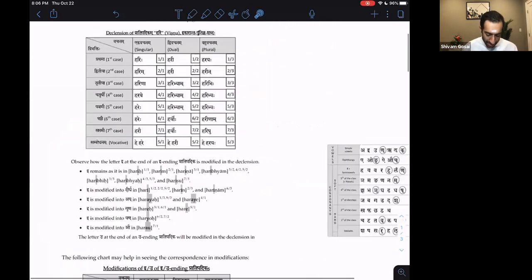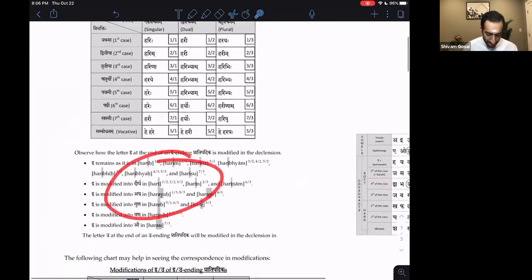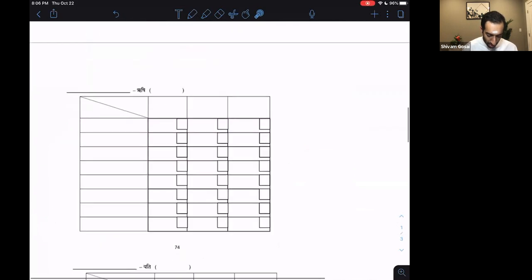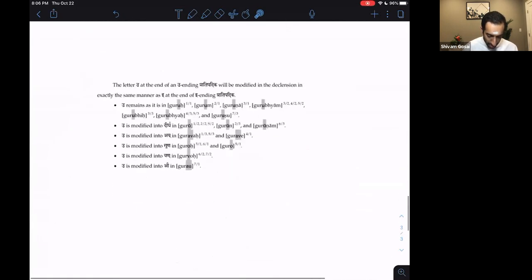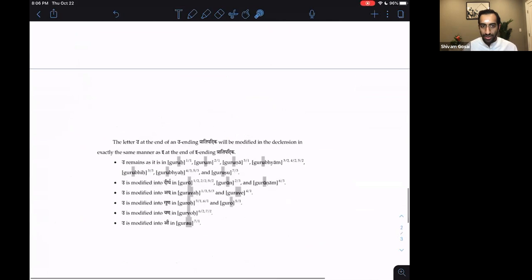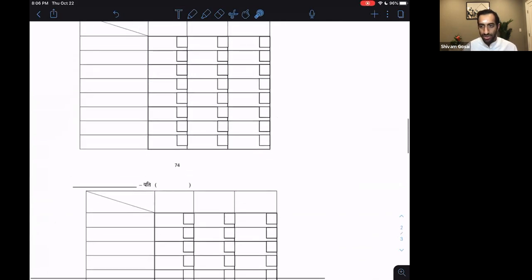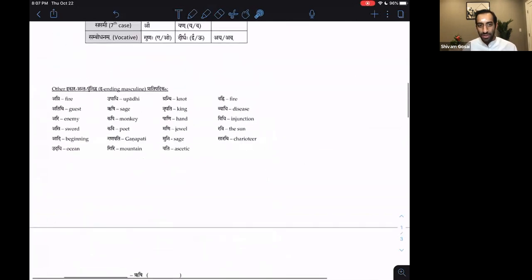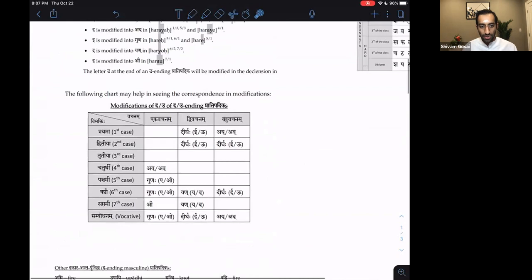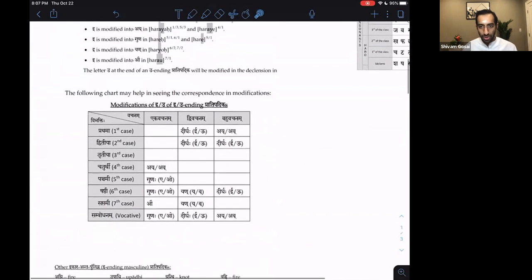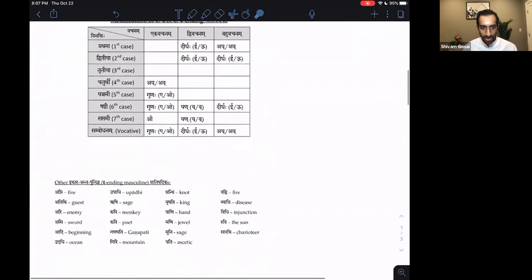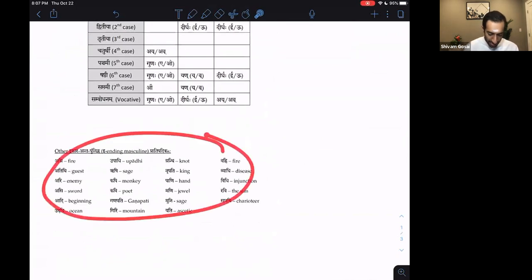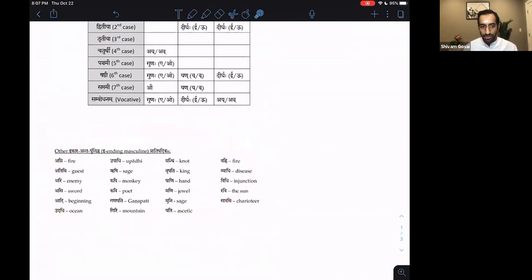Okay. Now, these rules are also pretty similar for guru-śabdha, which I don't have up here actually. So the homework is to look at hari-śabdha, record your voice if you can, and also look at some of these common vocabulary words.